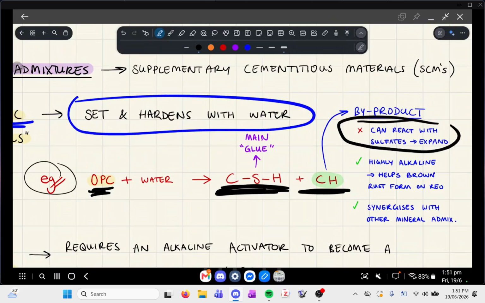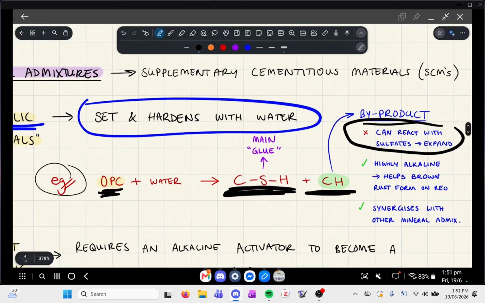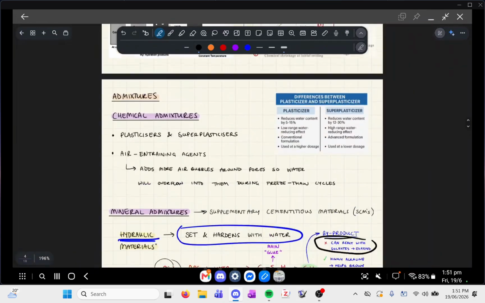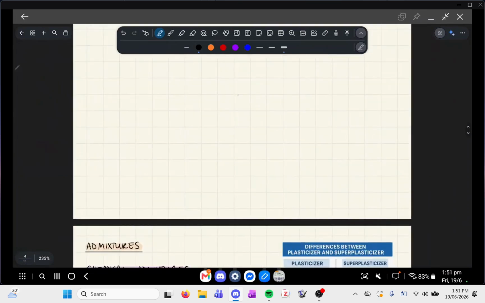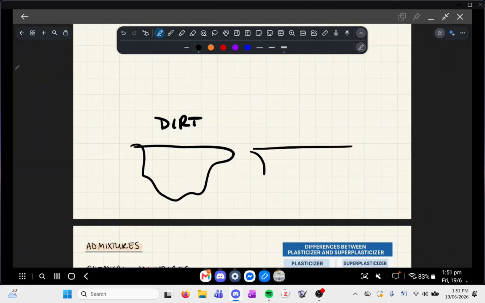So if you remember from last lesson, I was talking about the fact that soil can have sulfates in it, right? Actually, it's kind of funny. So imagine you've got some dirt, right? And then here's dirt with sulfates, okay?